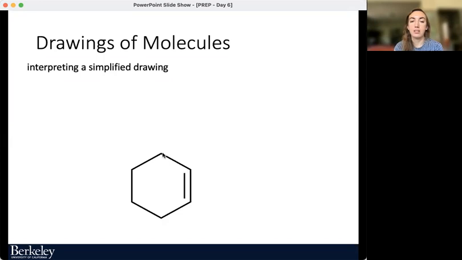So these are all single bonds around the edges. And then where there's 2 lines, that's always a double bond. So this carbon right here has 1 single bond and 1 double bond. So it has 3 total bonds shown. So that's maybe a hint of how many it wants.